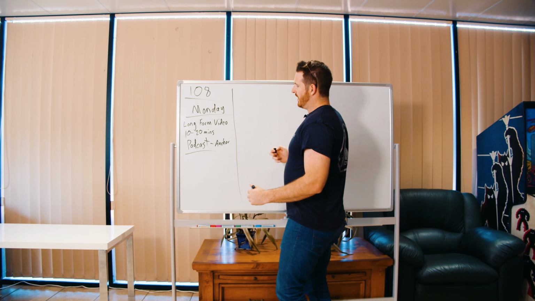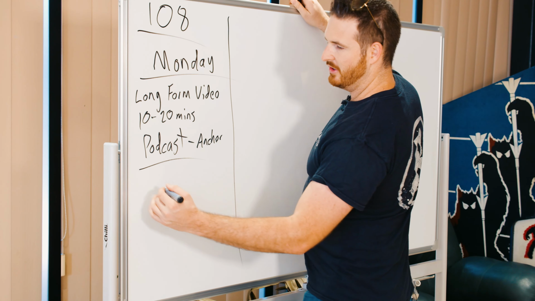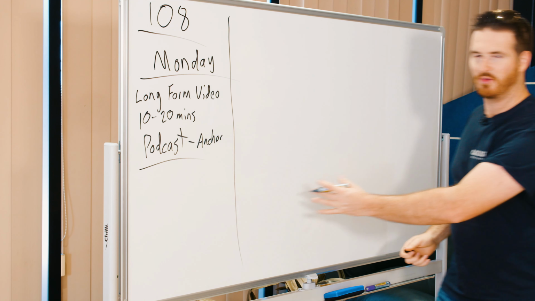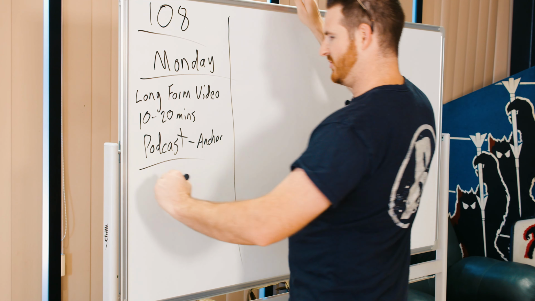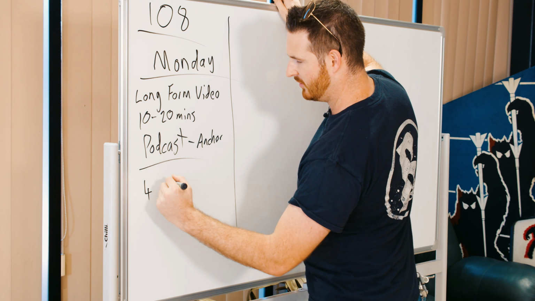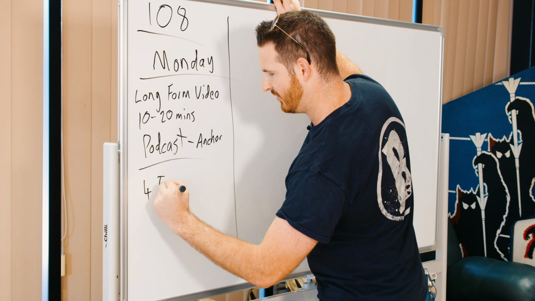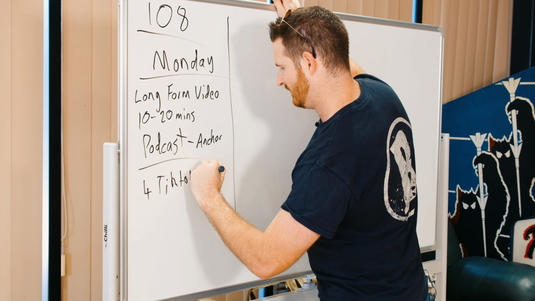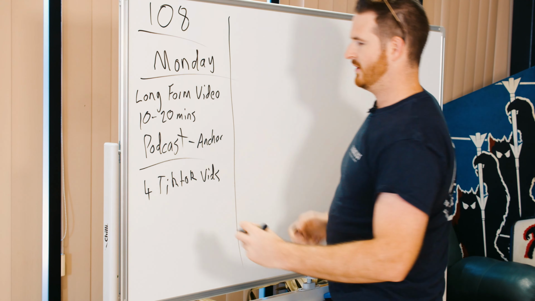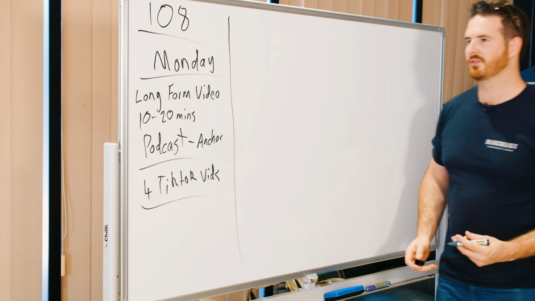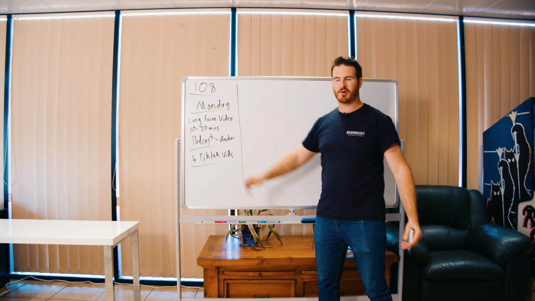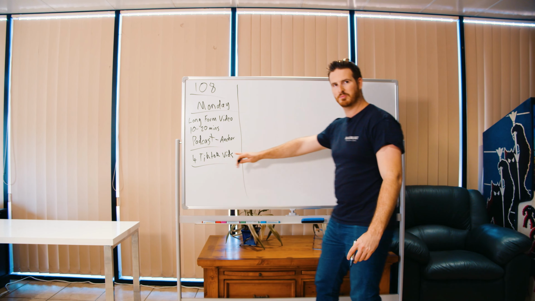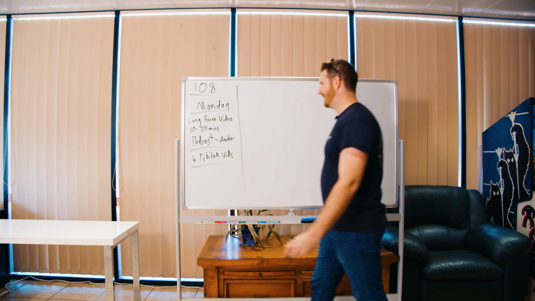What this will allow us to do over the course of the week is to produce 4 TikTok videos. Obviously, out of 10 to 20 minutes worth of content, you're going to be able to pull out a lot of 4, and you'll certainly need to do that as we go along.